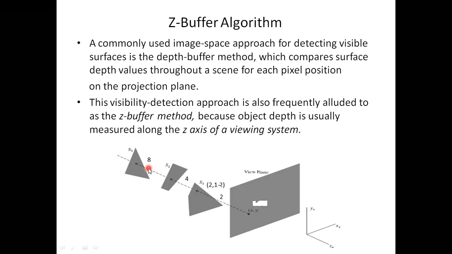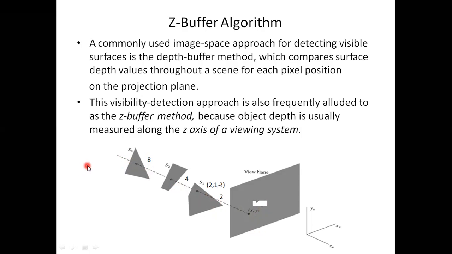What do we mean by z-axis? It is the distance from the projection plane to that object. So for the first object it is 2 units, for the second object 4 units, and for the third object 8 units.